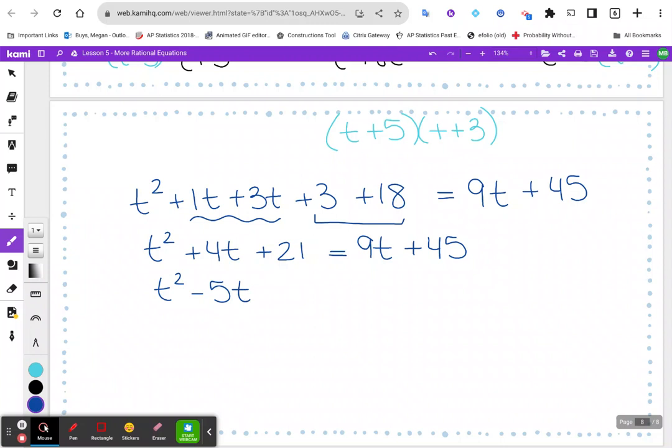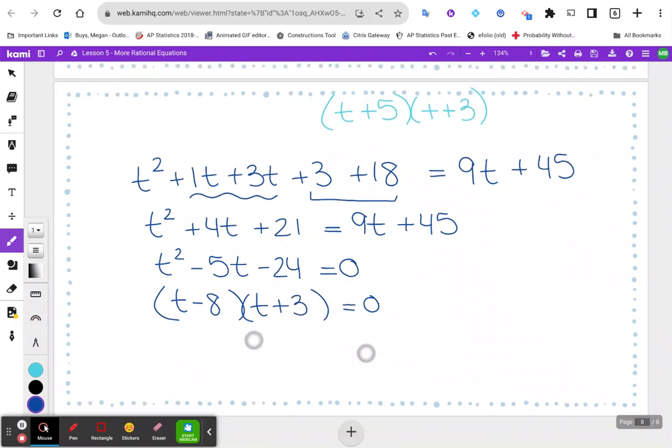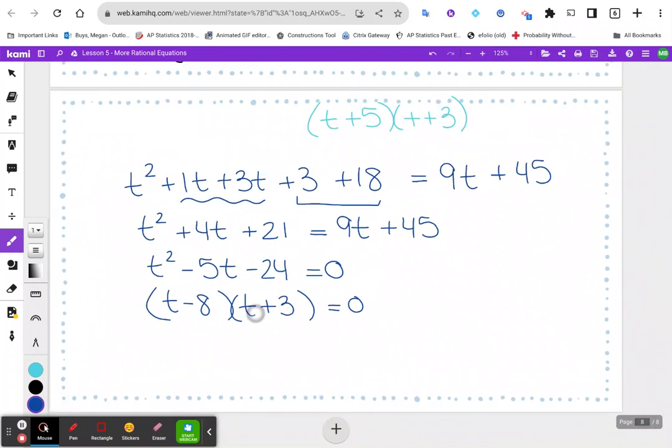I'm also subtracting the 45 from both sides, so when I take 21 minus a 45, I'm going to end up with a negative 24. These do factor nicely for me with the AM method. I'm going to get t minus 8, t plus 3, multiplies to a negative 24, adds up to a negative 5. So t equals 8, t equals negative 3.